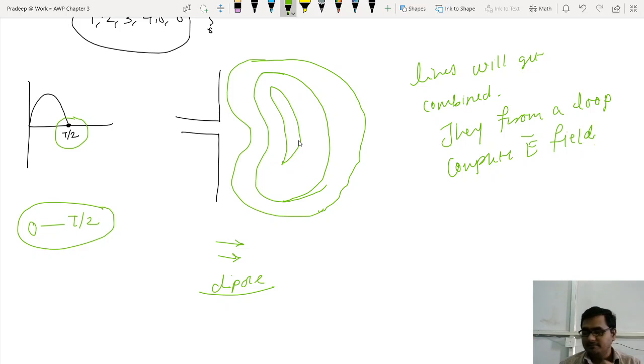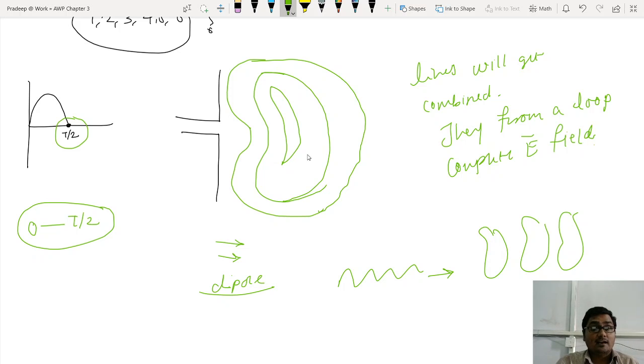Even in your childhood you have played that kind of games, is it? You create a foam of soap and then you blow like this. First half cycle, one balloon goes out. Second half cycle, again one balloon goes out. Like this, an electric field forms a loop and it gets detached from the dipole. And this is how the input signal will create balloons of the shape like this, is it?